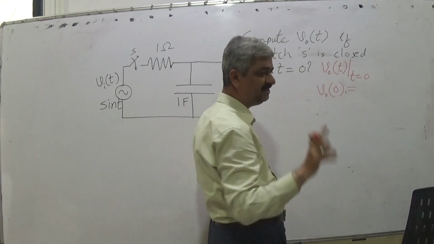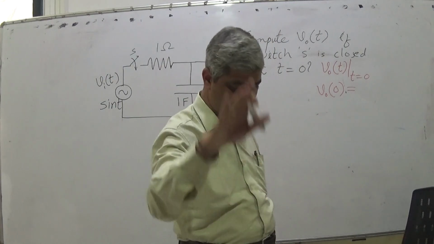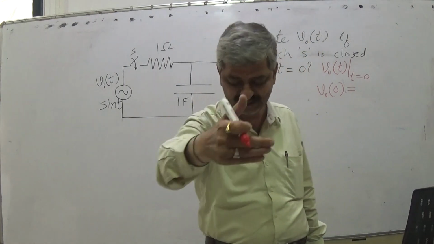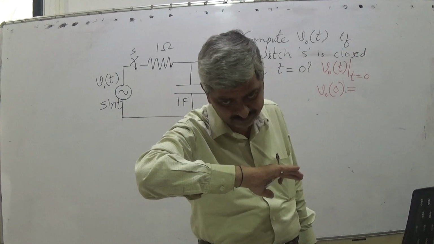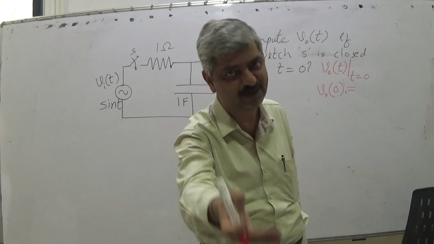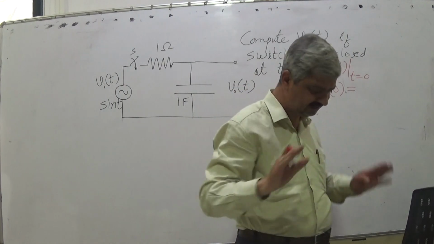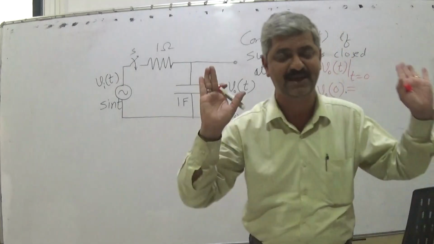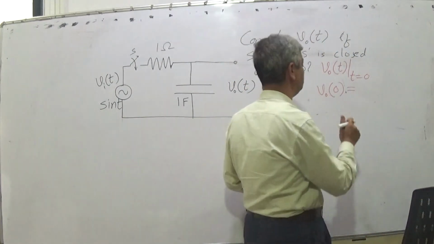So the problem is complete when the initial voltage, to be very precise, the initial charge stored by the capacitor at the beginning, which is in turn proportional to capacitance, this being 1, both are the same here. To be very clear, the initial voltage across the capacitor, the initial state of the capacitor described by Vo(0), needs to be specified.